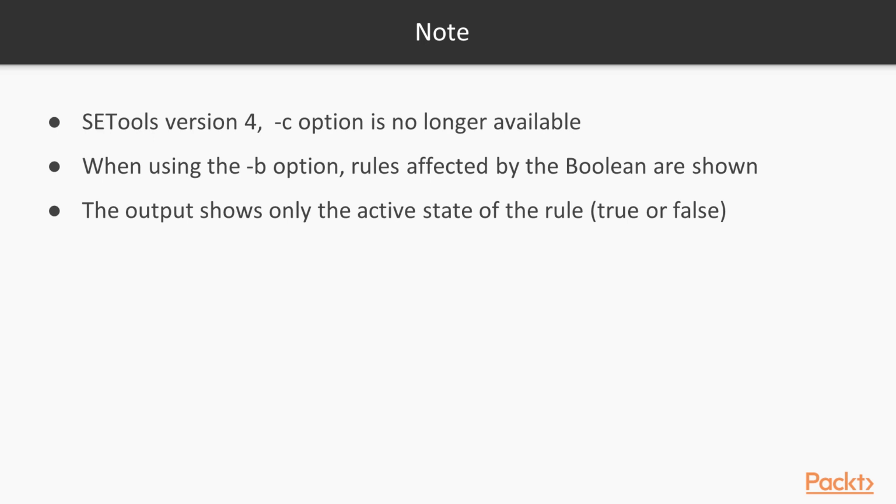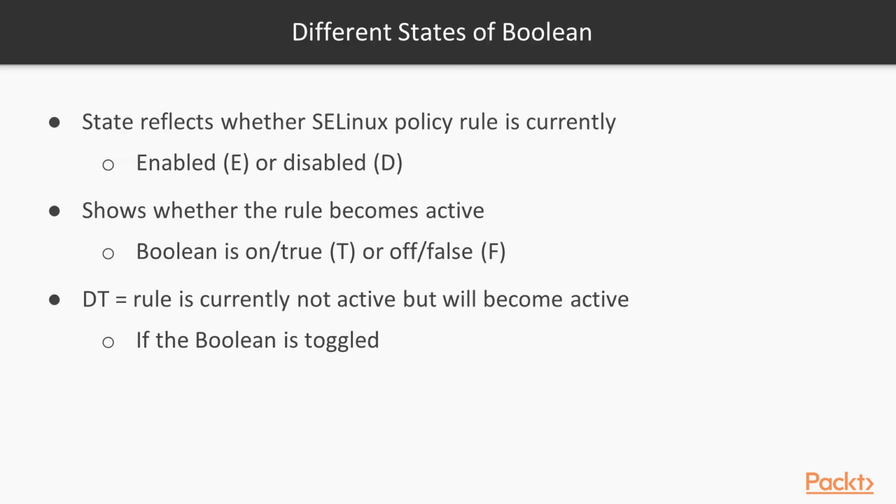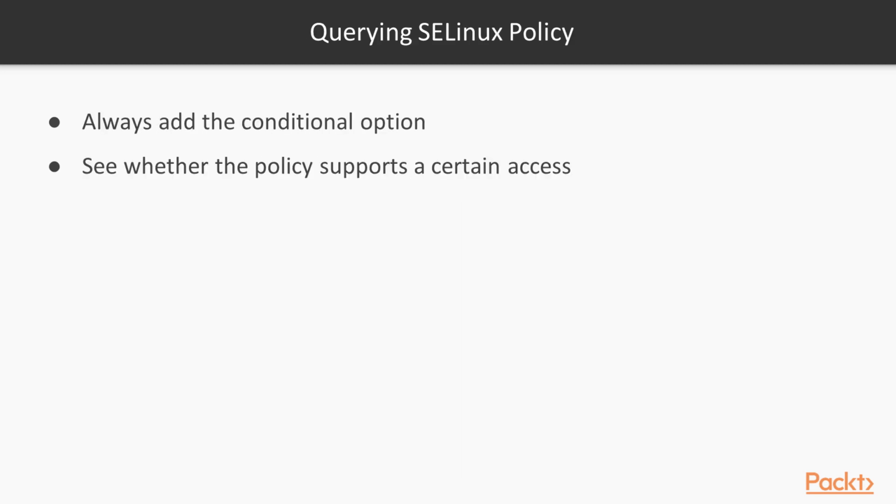The output is also slightly different, showing only the active state of the rule, that is true or false, rather than the two-character state that's displayed in the previous example. The state reflects whether the SELinux policy rule is currently enabled or disabled, and whether the rule becomes active when the Boolean is on or true, or off or false. So dt means that the rule is currently not active, but will become active if the Boolean is toggled to the on state.